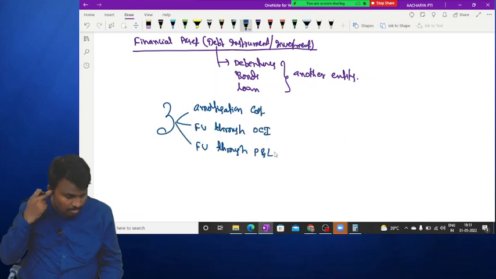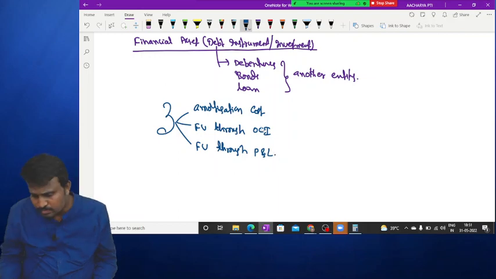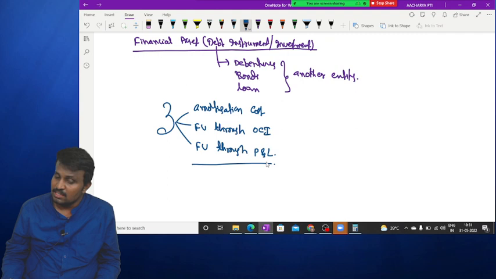Before that, for recognizing the respective financial asset, the debt investment, we have to apply two tests.